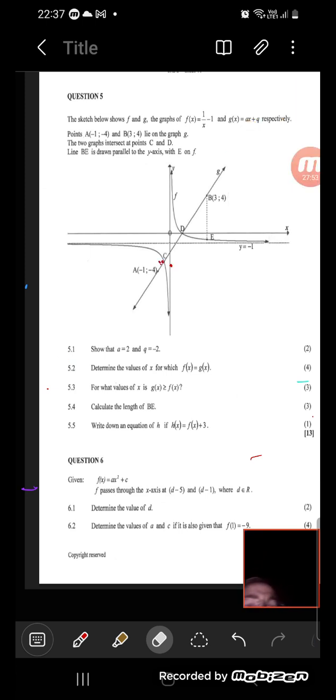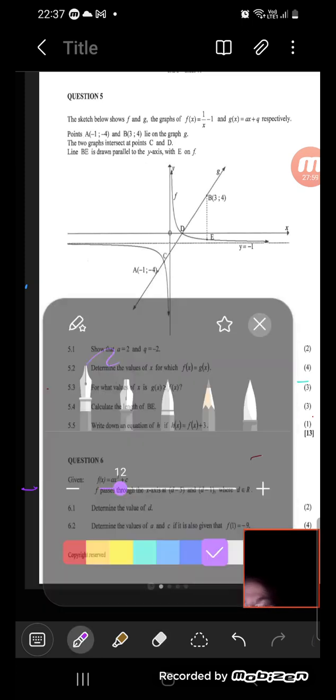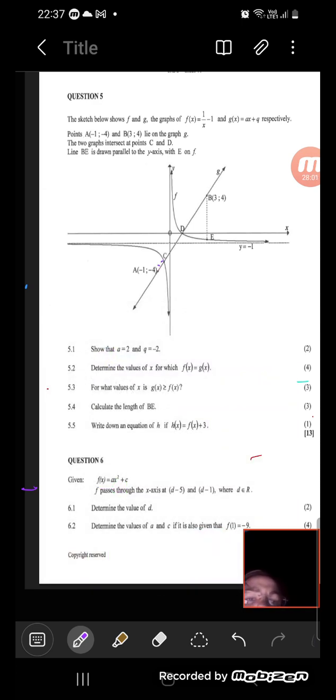So what is this point? Let's see. Purple. What is this point? The C. This C, the x value would be minus a half. We've just proven that now. Come on, pen, work with me. This D value is going to be 1, because we just proved that.